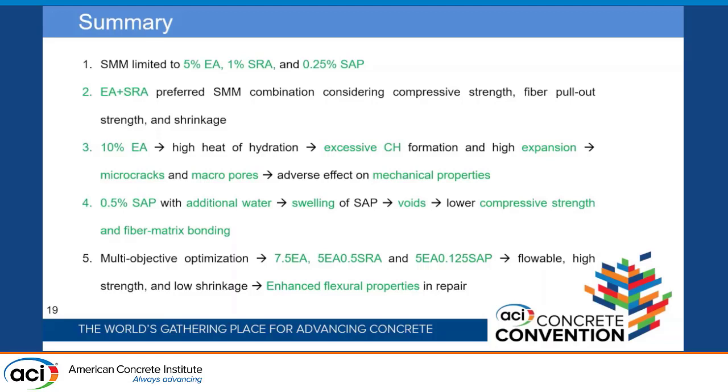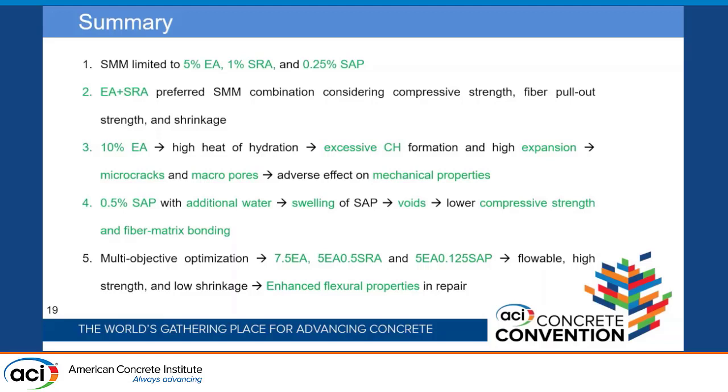The 10% EA mixture had high expansion, excessive CH or portlandite formation, and left micro cracks in the matrix, which caused lower mechanical properties. The 0.5% SAP absorbed a lot of water, swelling the SAP particles, and desorption left voids in the matrix, which led to lower mechanical properties.